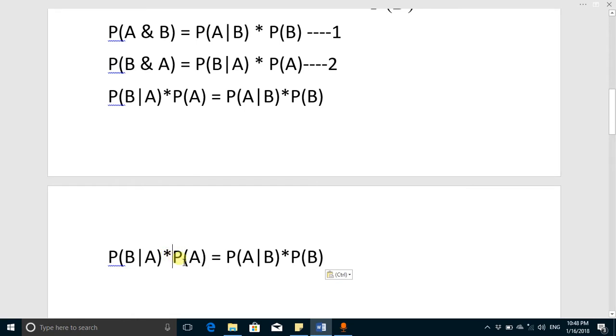I take this value to the right side, and if we move it to the right side, it will divide the value on the right side.